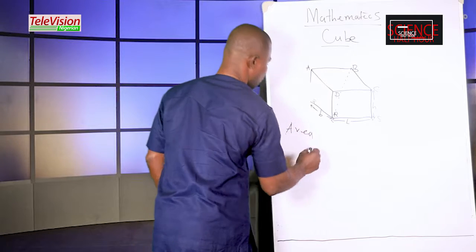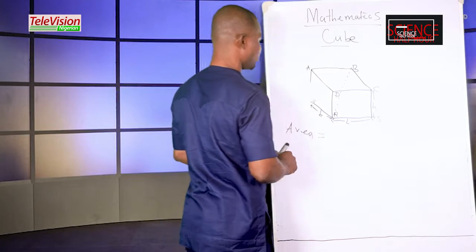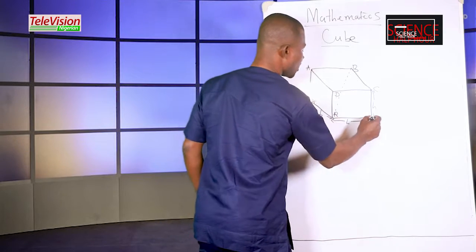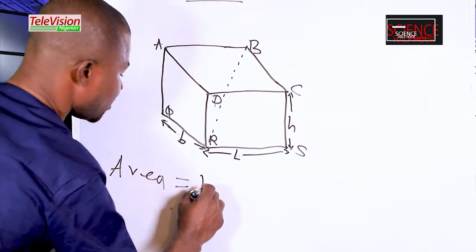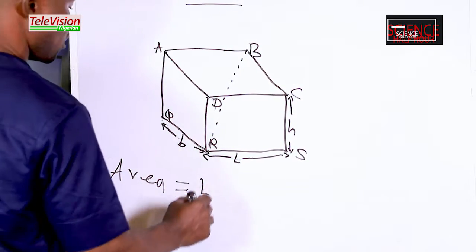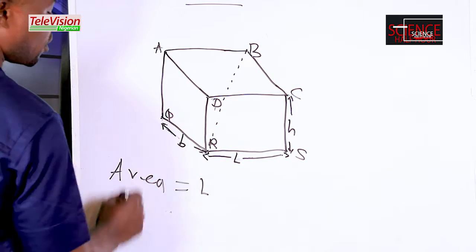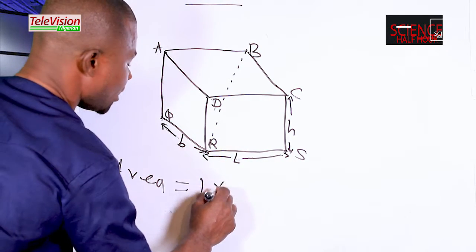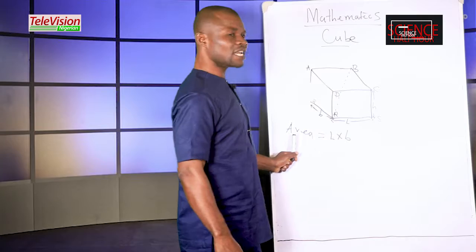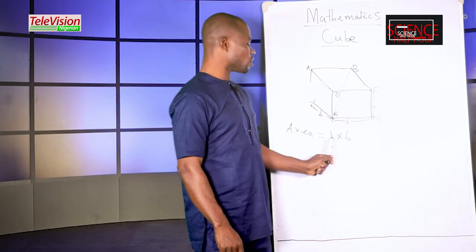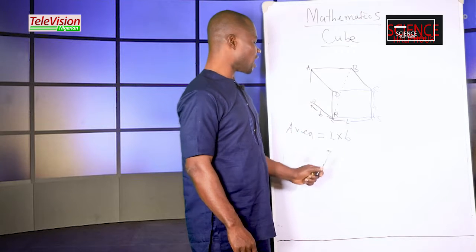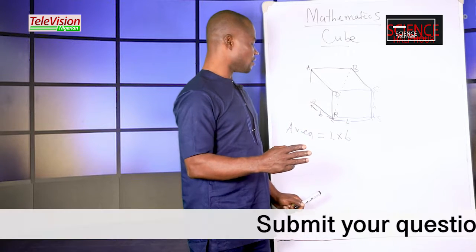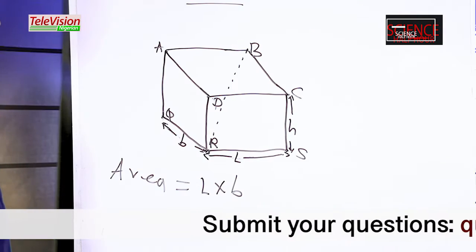Area is equal to, from here to here is the length, which is L, and from here to here is the breadth, which is times B. The area of a square is equal to length times breadth. And this shape, which is a cube, has 6 equal sides.